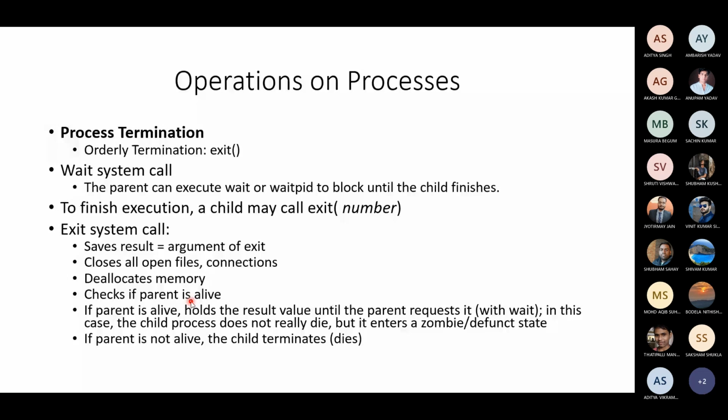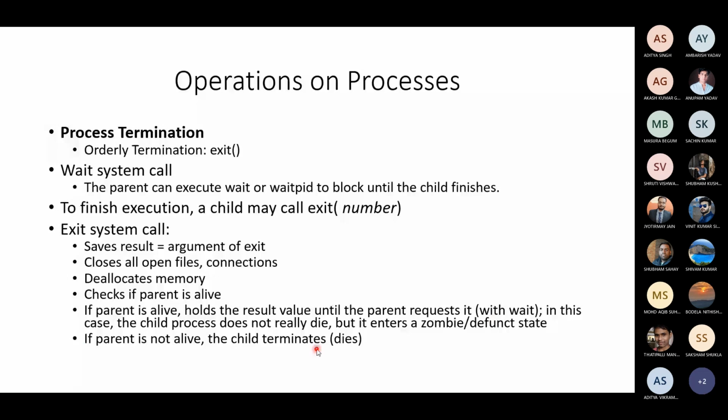If the parent is alive, it holds the result value until the parent requests it with wait. In this case, the child process does not really die. It enters into a zombie state. Zombie state means it will not die, but it will keep on waiting for the parent request until it removes the wait condition. If the parent is not alive, the child terminates.